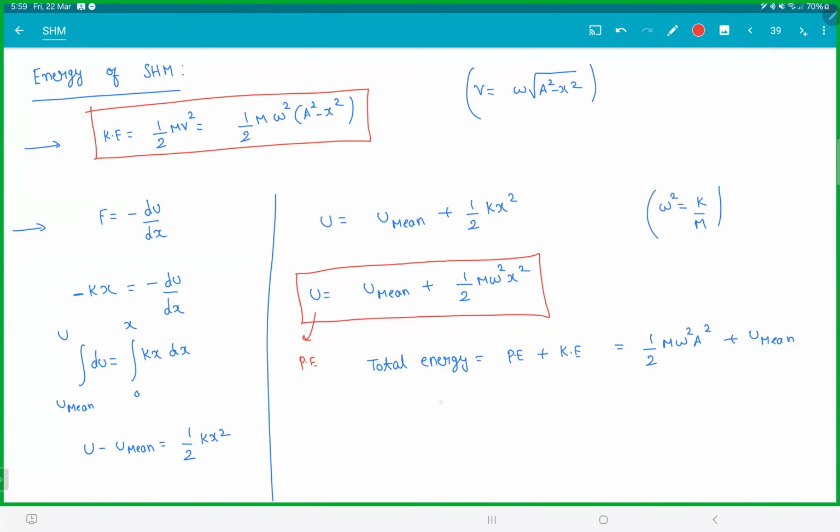There are two things here. So total energy is half m omega square a square plus u mean. This component here is called oscillation energy. This is the energy which converts from kinetic to potential and potential to kinetic.